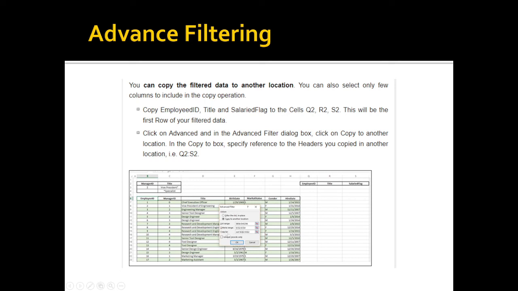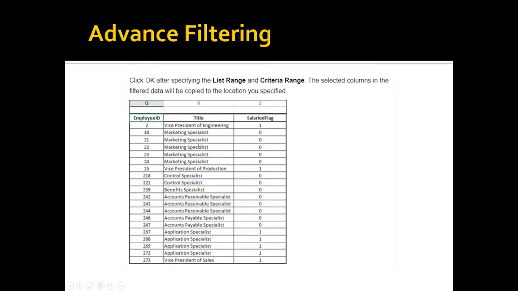So we place Q2 to S2. Click OK. After specifying the list range and criteria range, the selected columns in the filtered data will be copied to the location you specified. So it is now copied here at columns Q, R, and S.